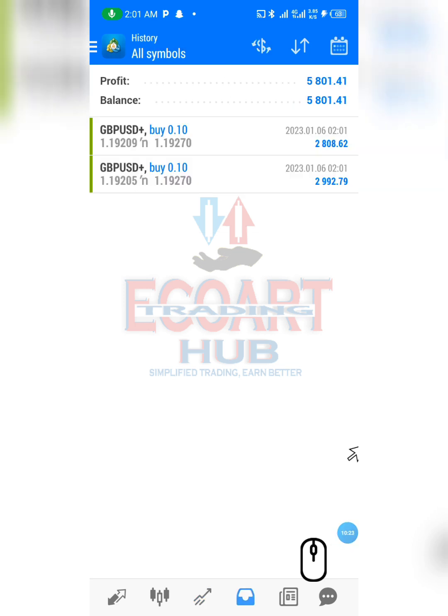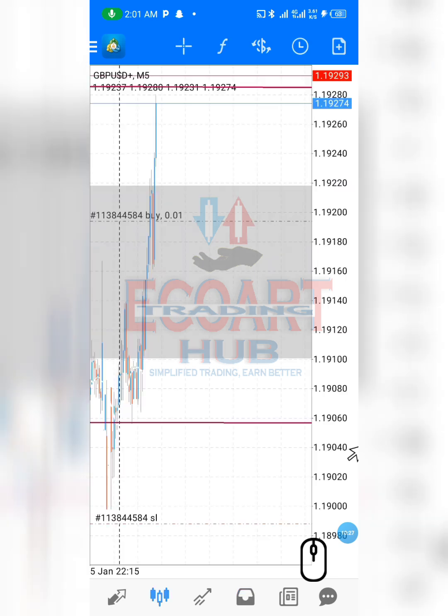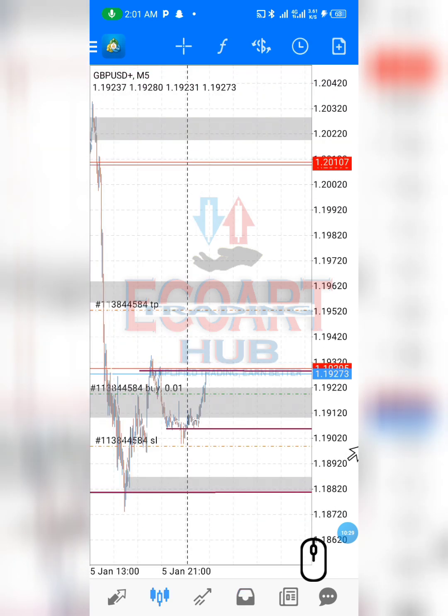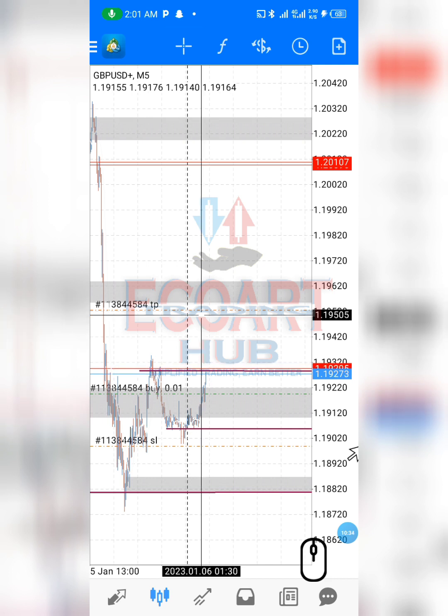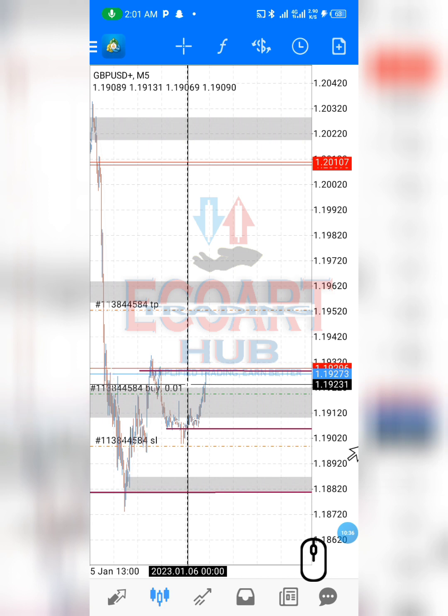So we have our trade closed out in profits, and we still have this running. All we need to do at this point, we could decide to lock our trade at break even, but this is going to hit it out early.